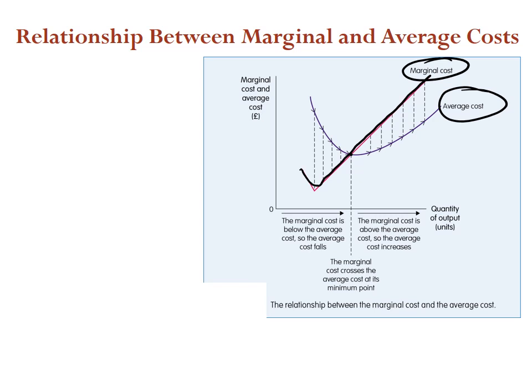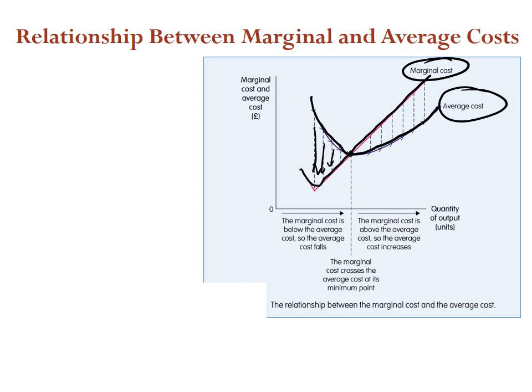When our marginal cost is below the average cost, it pulls the average cost down. Your marginal cost crosses the average cost at its minimum point. So here at this minimum point of your average cost, your marginal cost curve crosses it. This is our average cost curve, sort of looking like a U shape.